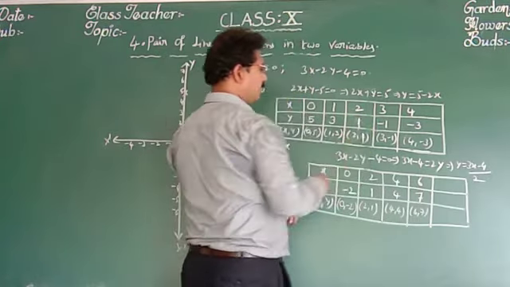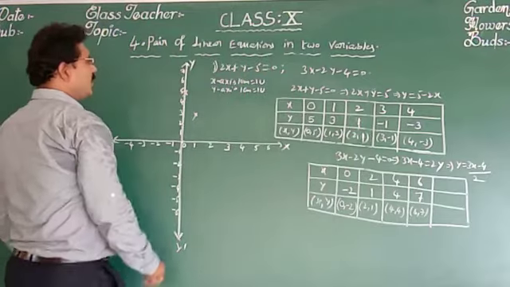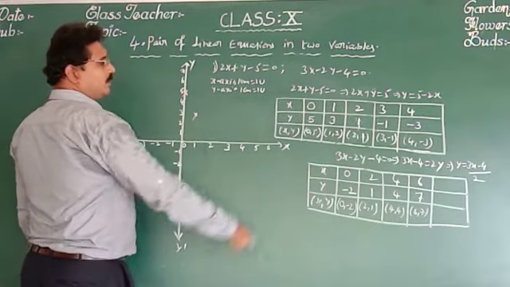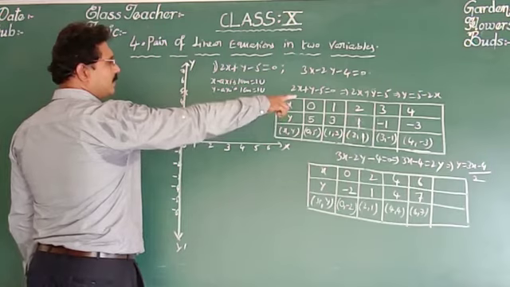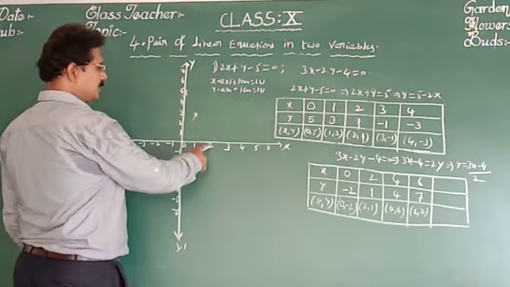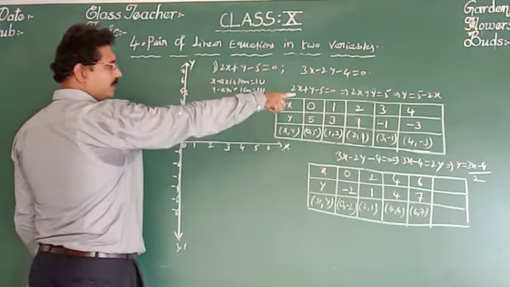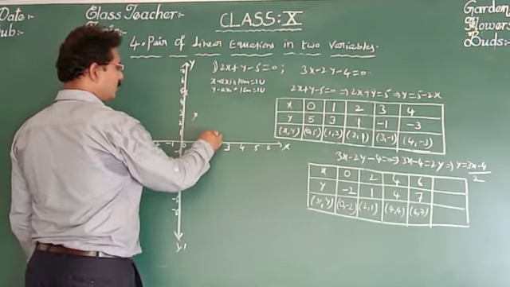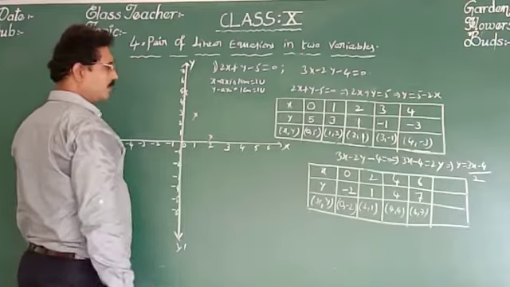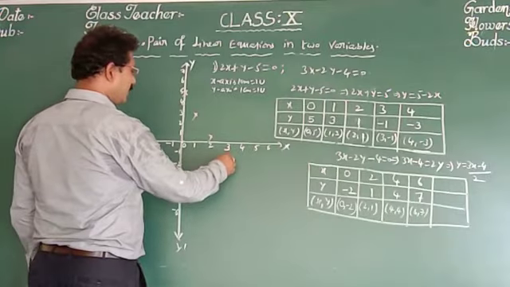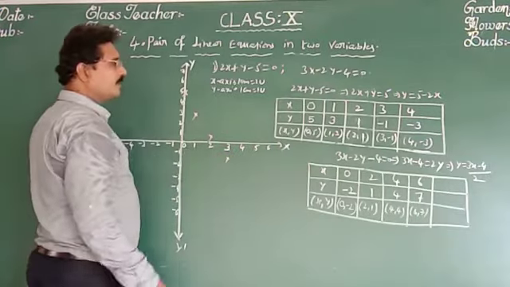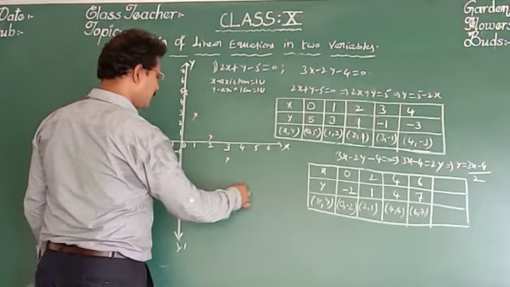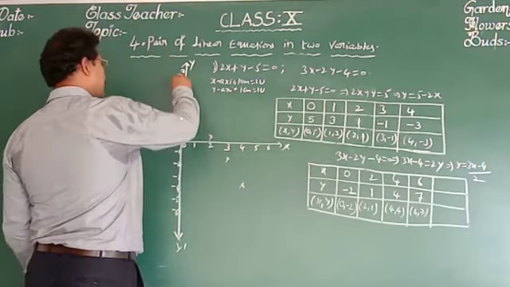So 2 comma 1. x 2, y 1. x 3, y minus 1. x 4, y minus 3.